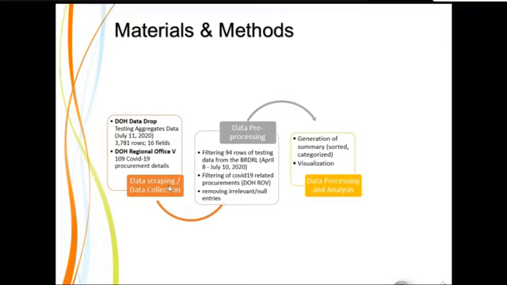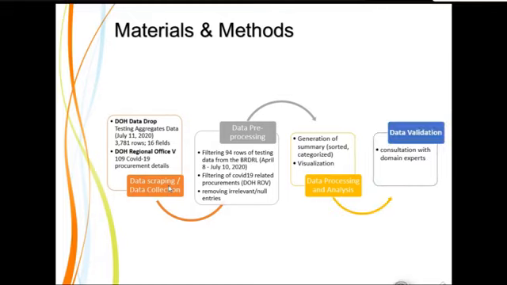Next step was the data processing and analysis, which made use of generation of summaries, categorization, and the likes, and also visualization using different types of charts. Finally, validation was done by sending some emails to our domain experts, such as the DOHRO5, still waiting for feedback from them as of the moment.